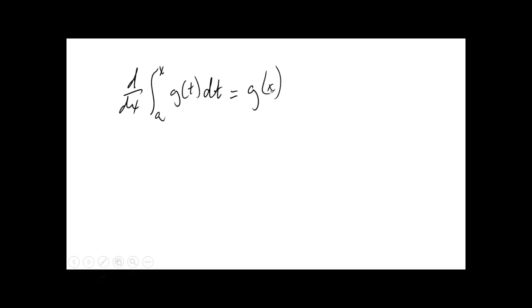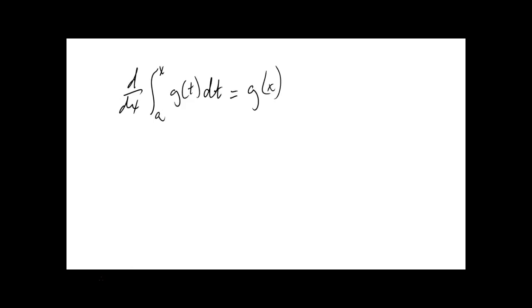And this is from the Fundamental Theorem of Calculus Part 2 maybe: d by dx of the integral from a to x of g of t dt is g of x.